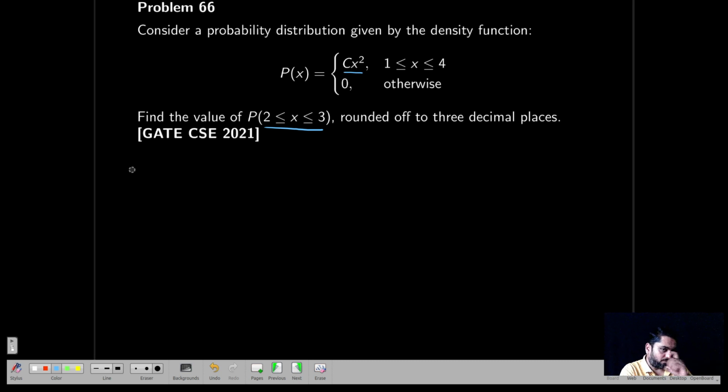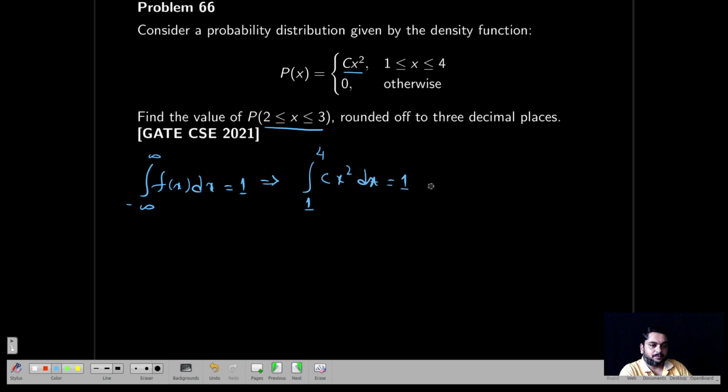By the definition of the probability density function, the integral from minus infinity to infinity of f of x dx is equal to 1. That implies the integral from 1 to 4 of Cx square dx should be equal to 1.